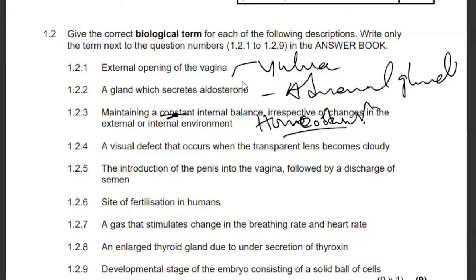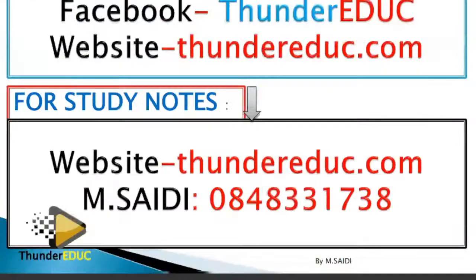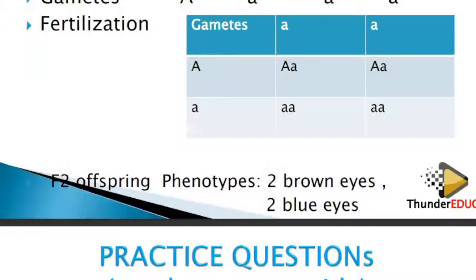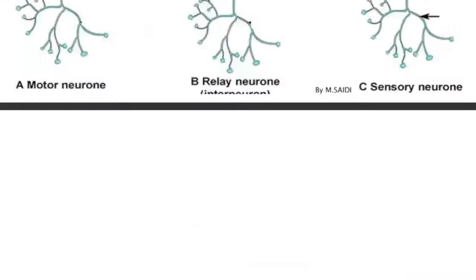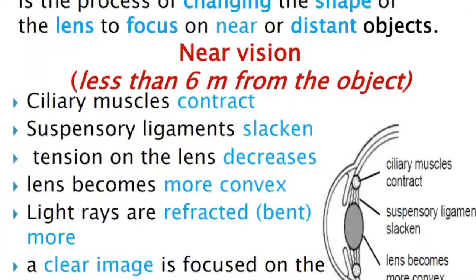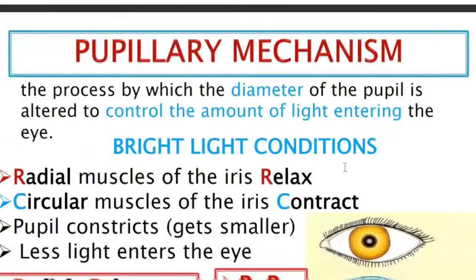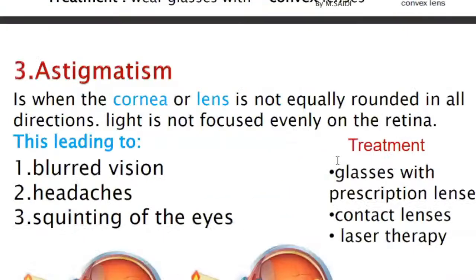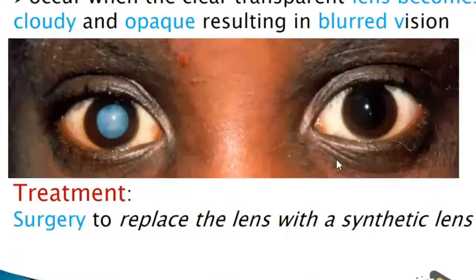The visual defect that occurs when the transparent lens becomes cloudy. I've been saying this over and over again. If you check our distinction material, it's called cataracts, but I want to show you so that you see it clearly. You see, it has become cloudy.